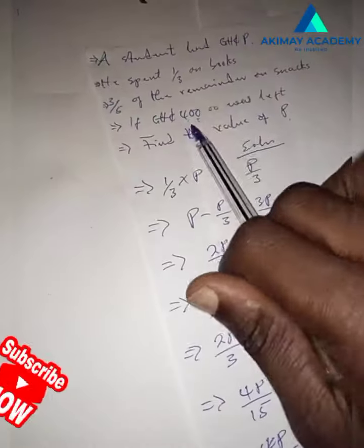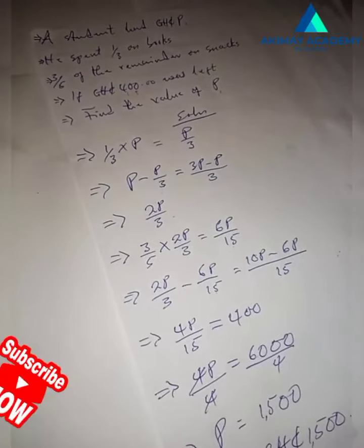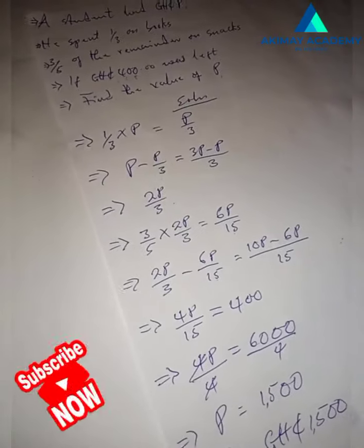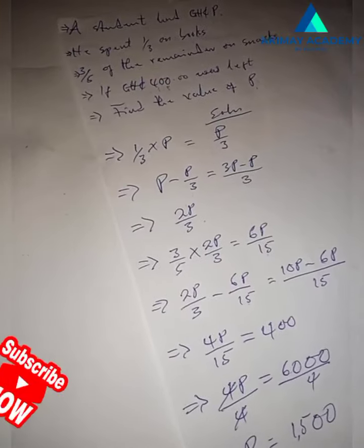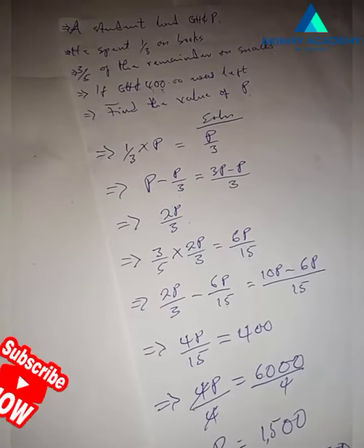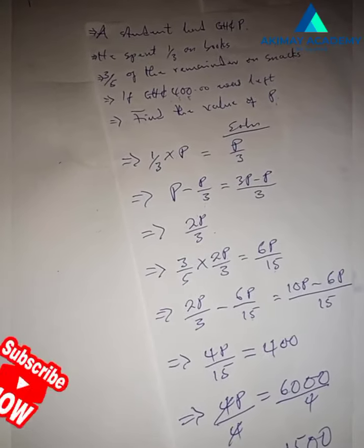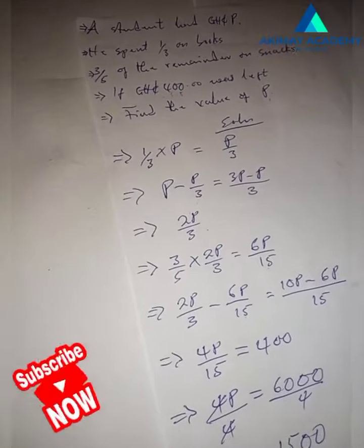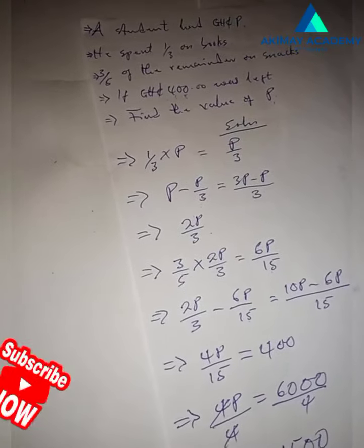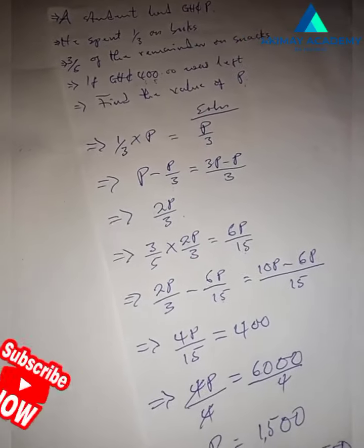Then you equate it to the money and find the value of the actual money the student was having. So this is the procedure, and just go through it and get similar questions and try your hands on them. Most of the time these are the petty principles that will lead you to solve these particular problems.